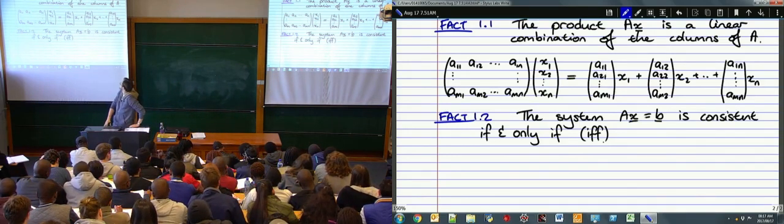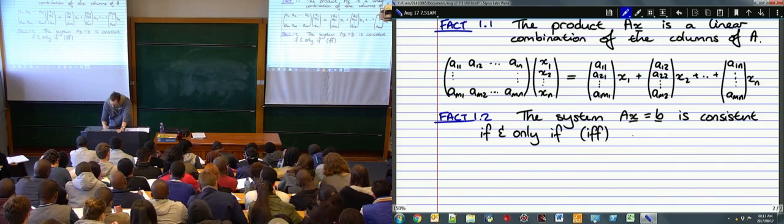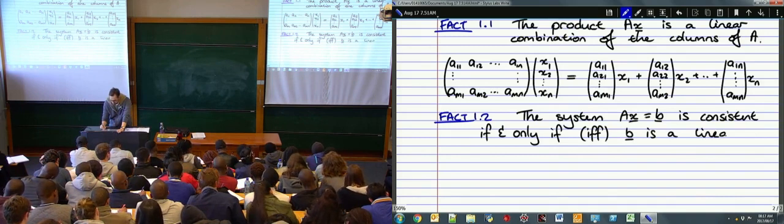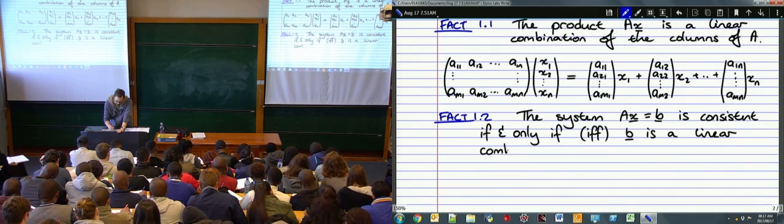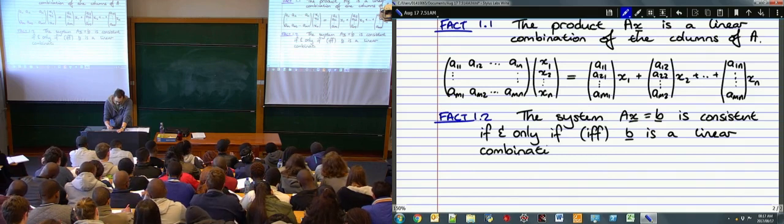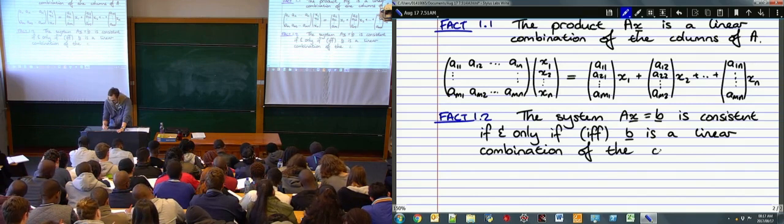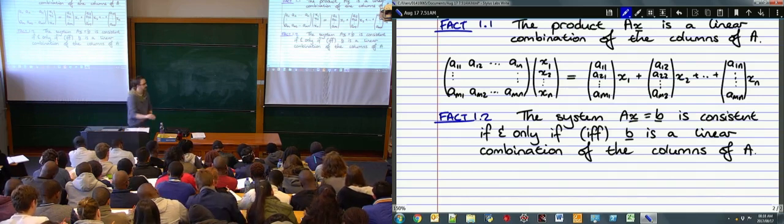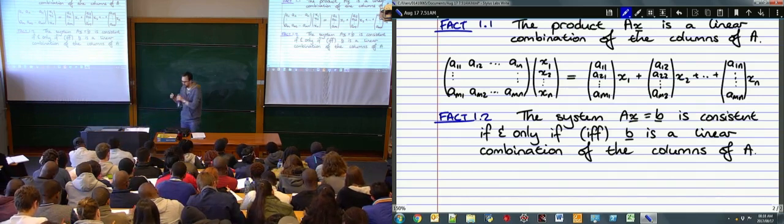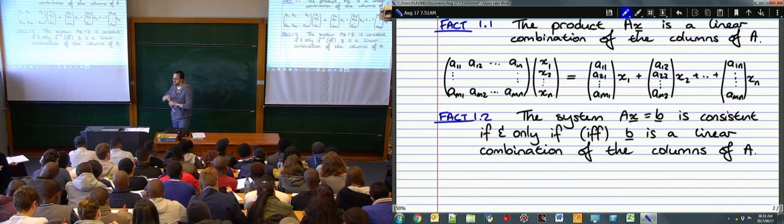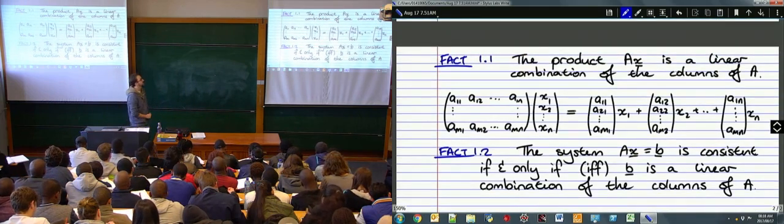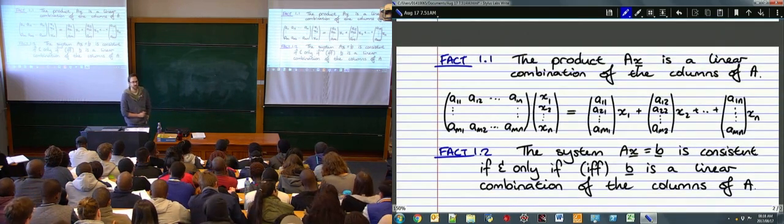System AX is equal to B is consistent if and only if B is a linear combination of the columns of A. And this isn't going to get a proper explanation beyond the fact that it follows immediately from fact 1.1 that we've just discussed.